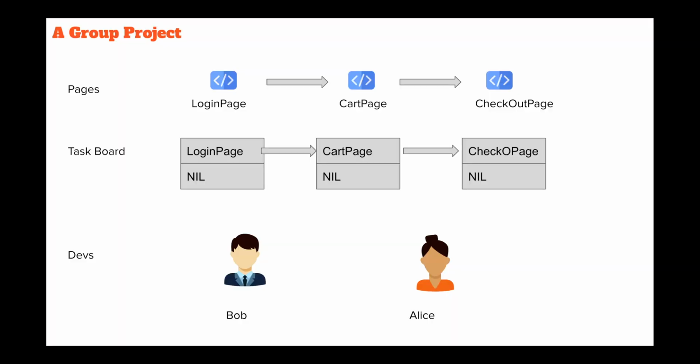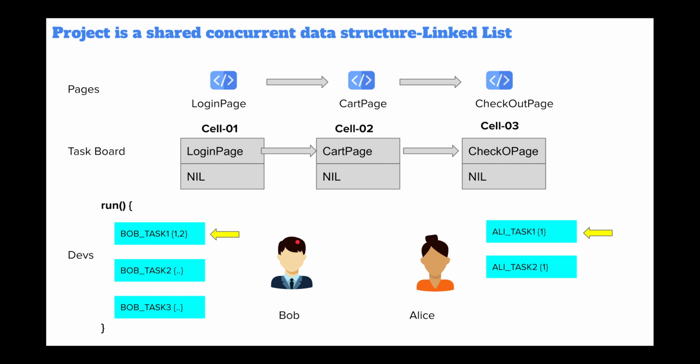A quick intuition could be a group project. Let's say we have a shopping cart project which has login, cart and checkout pages, and then there is a task board. Right now each part of the project is assigned to no one, so it's marked as nil. And then there are two devs, Bob and Alice, who are working on that project. So the project can be thought of as the shared data structure.